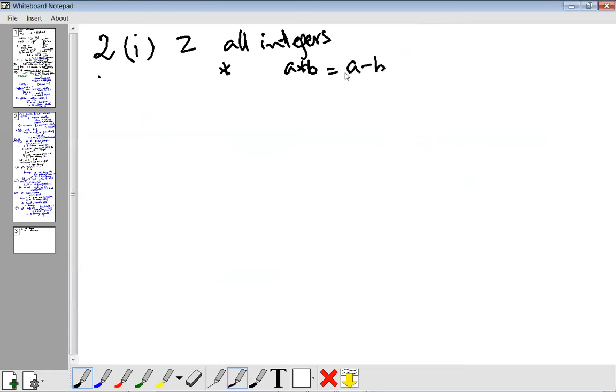First thing is whether a minus b gives us a binary operation or not. Do you think it's binary or not? Binary, sir. Good.